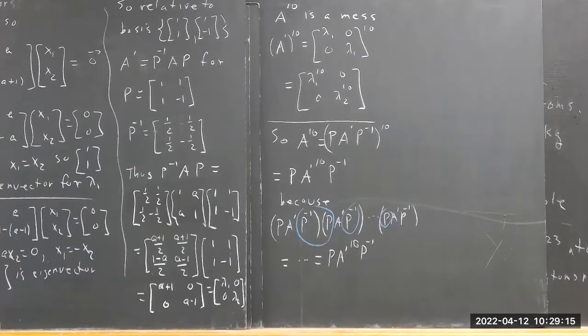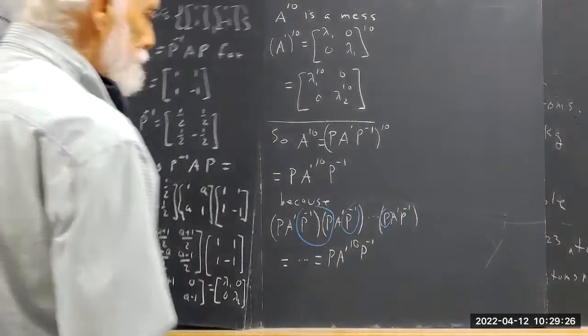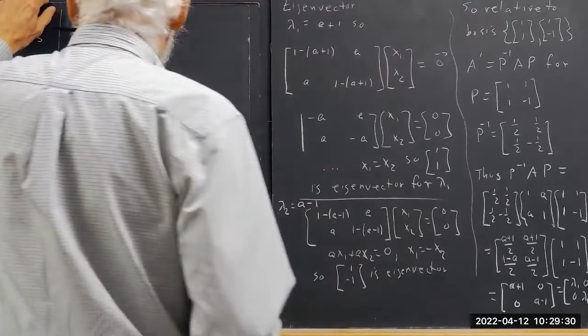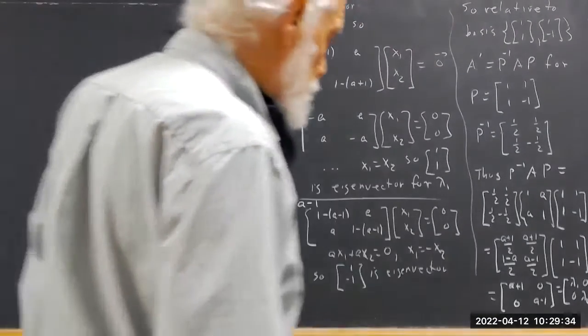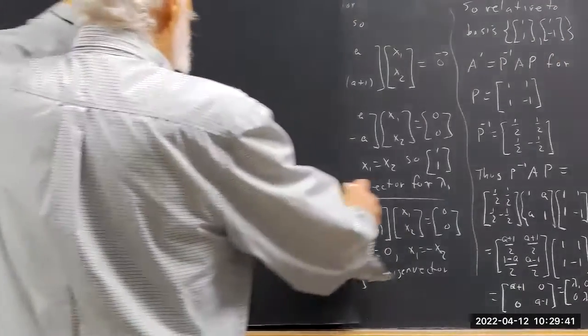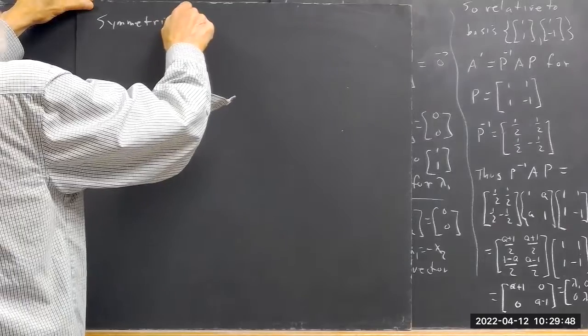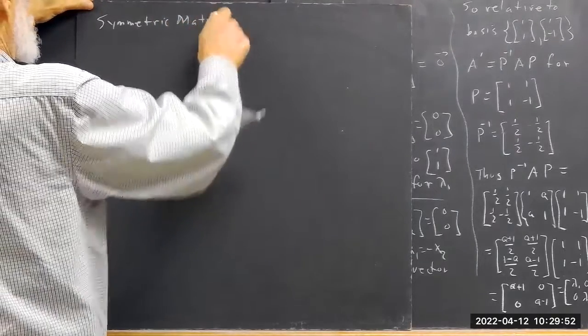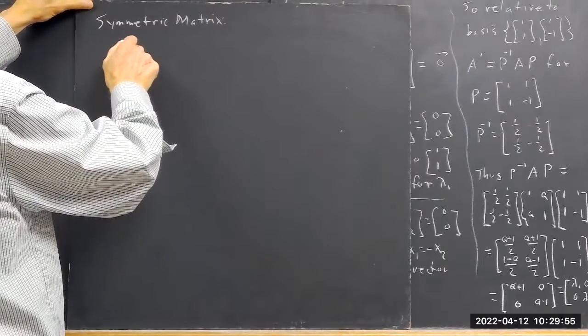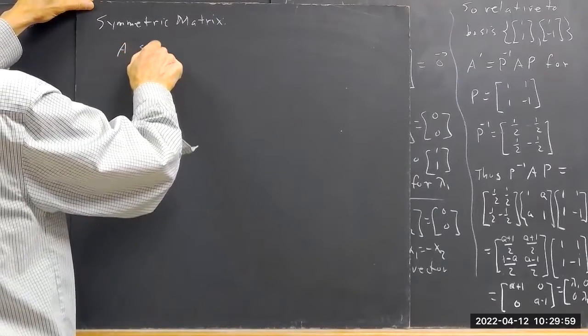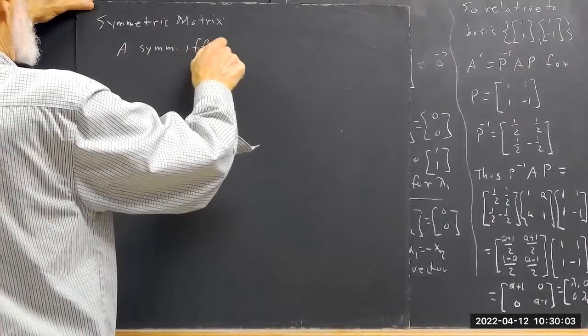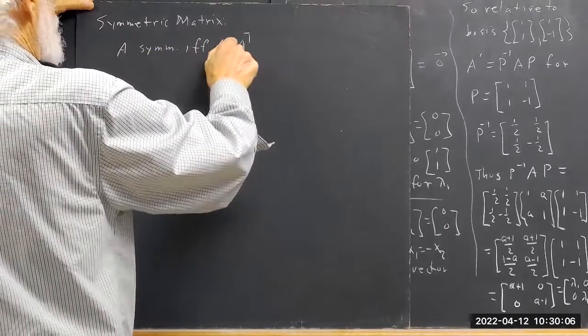Now that's kind of a digression. But this illustrates a number of properties of symmetric matrices. First of all, your definition of a symmetric matrix: a matrix that equals its transpose.